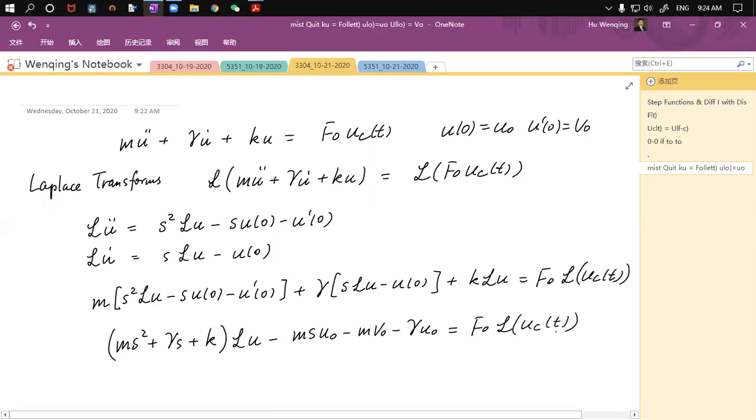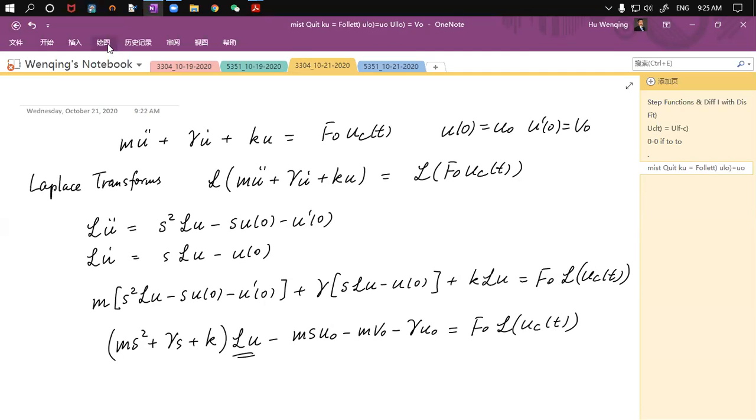Therefore, you are able to express the Laplace transform of u as an algebraic relation, and by inverse Laplace transforms, you can solve for u. So that's our schematic plan for working with differential equations with discontinuous forcing.